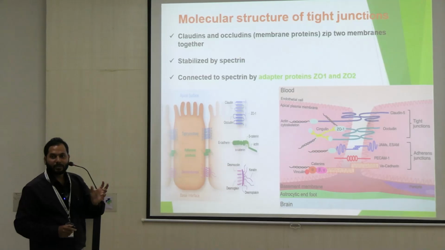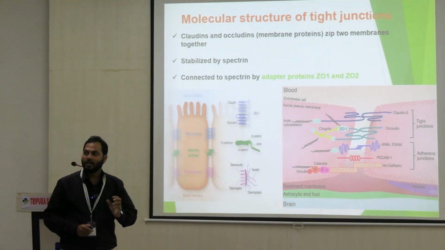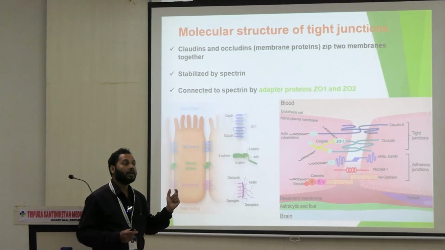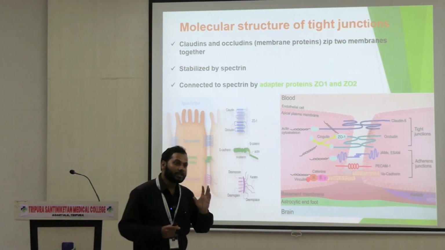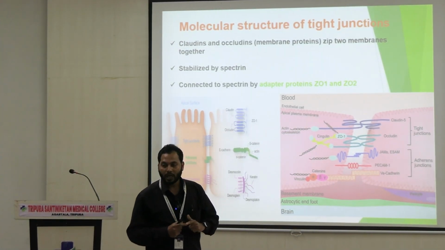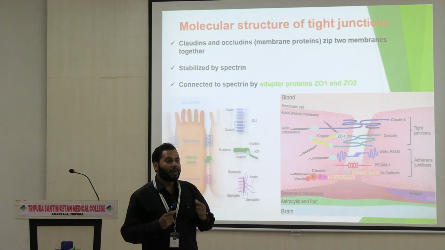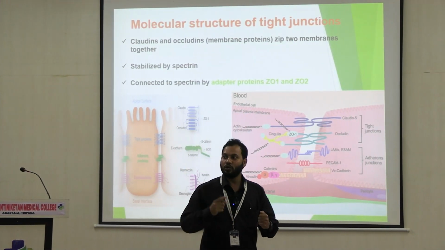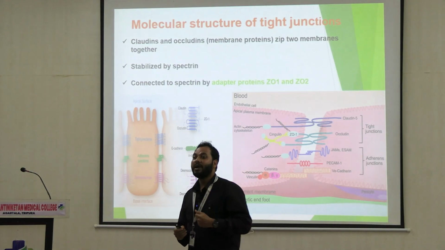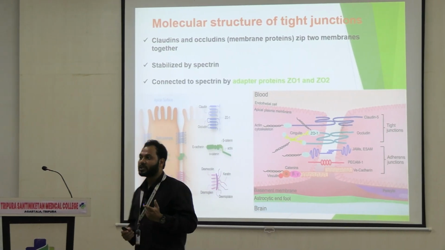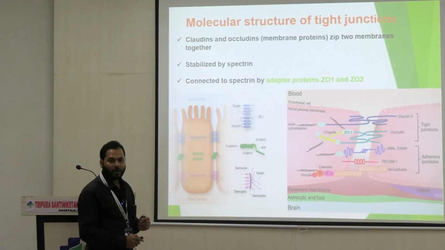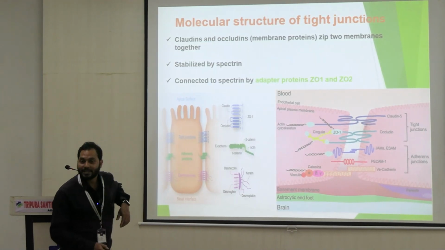And this transmembrane protein, as we have seen, is attached to some cytoskeleton molecule. Mainly, in the case of tight junctions, these transmembrane proteins are attached to the actin filaments. But the binding of these transmembrane proteins with the actin filaments needs some adapter molecules or adapter proteins. So here, the adapter proteins are called zona occludens, right?